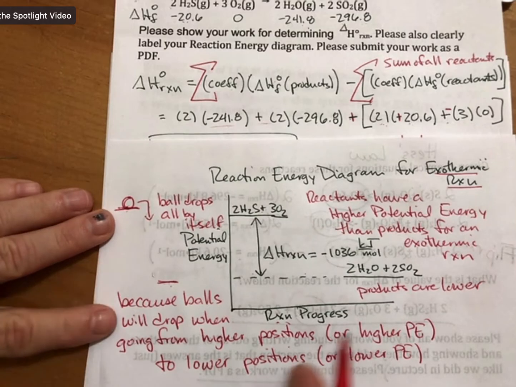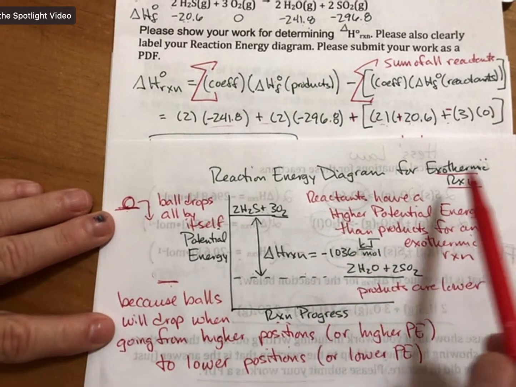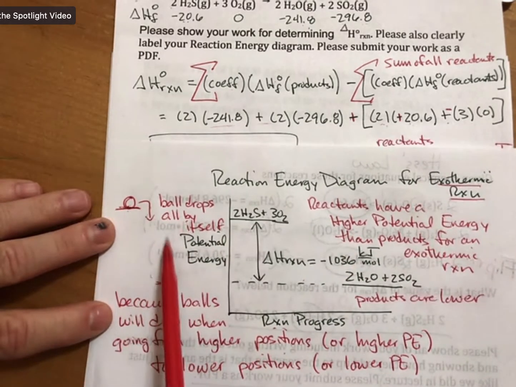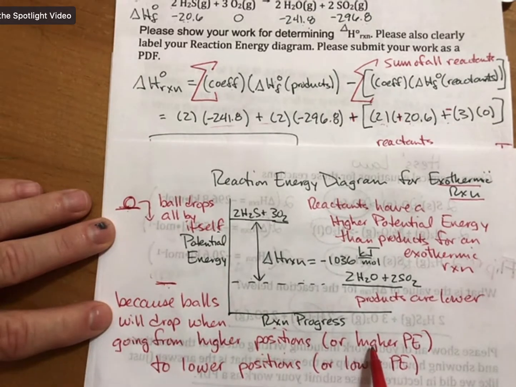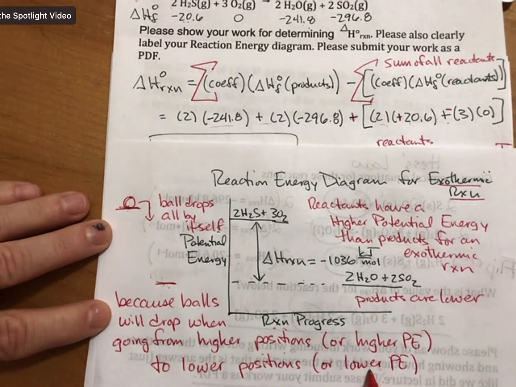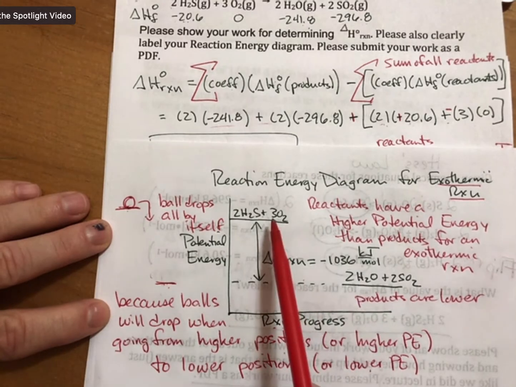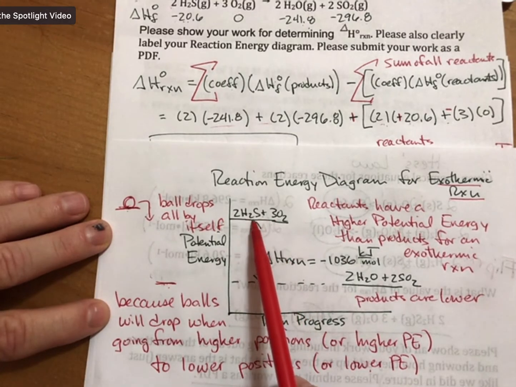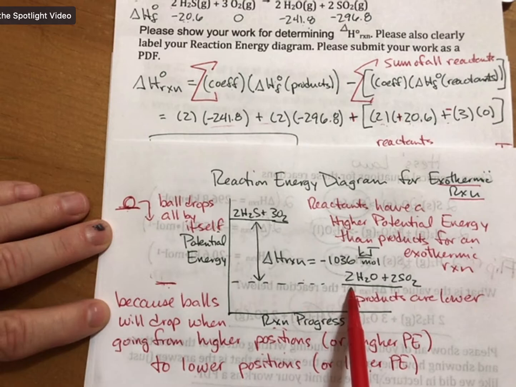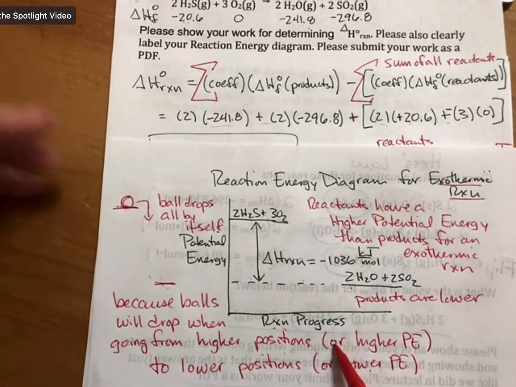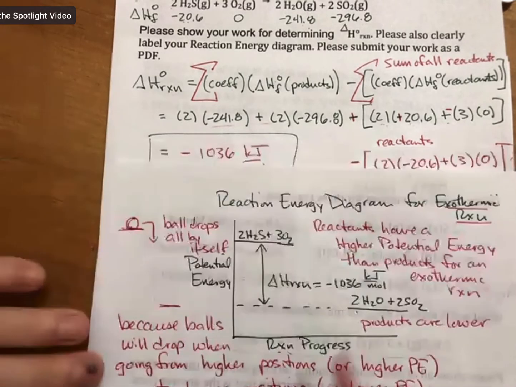The analogy I'm trying to draw is that just like a ball drops as it goes from higher potential energy to lower potential energy, a reaction, if it goes to lower potential energy, will tend to happen as well.